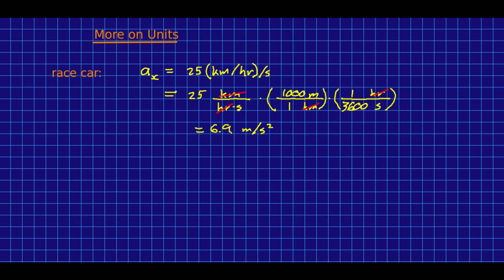And I get 6.9 meters per second squared, which actually for a race car is a pretty modest acceleration. I just want to point out that these have different units, but their dimensions are the same. In both cases, the dimensions here are a length divided by time squared.